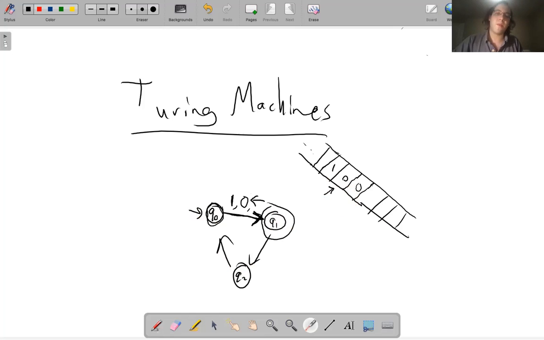So here, maybe a state is very roughly like a line of code, and a transition is very roughly like a go-to statement to tell you to go to a different line of code. But while you're going to a different line of code, you can also manipulate the memory cell a little bit. You can write something in it, and you can move left or right on the memory tape.